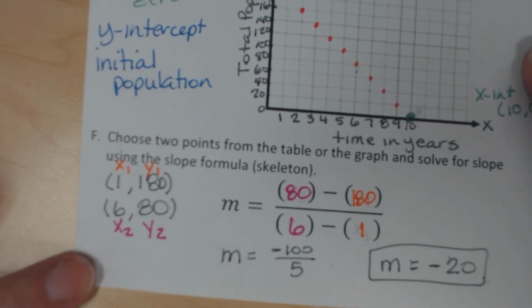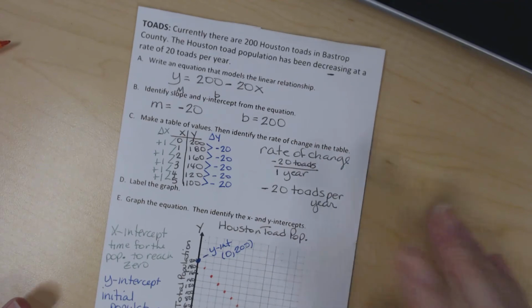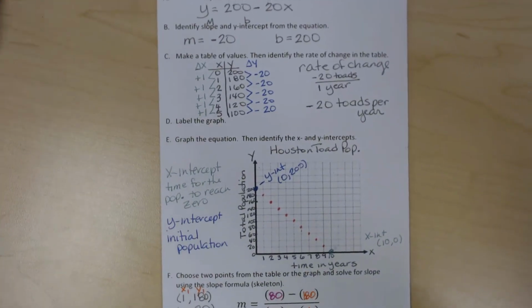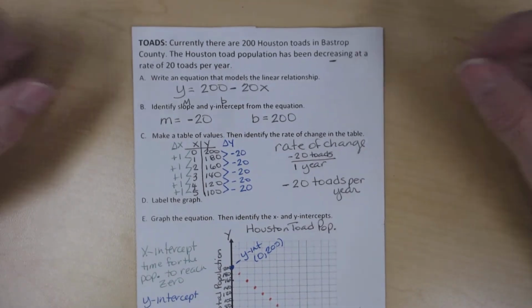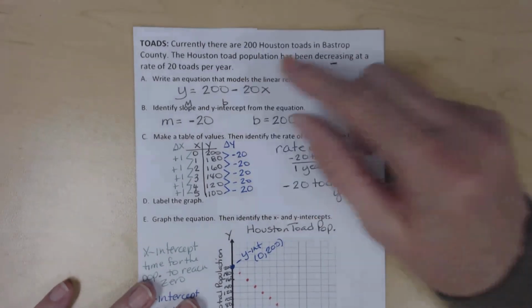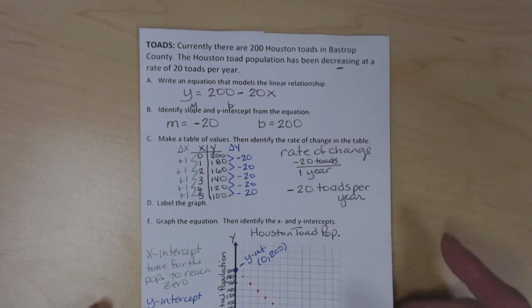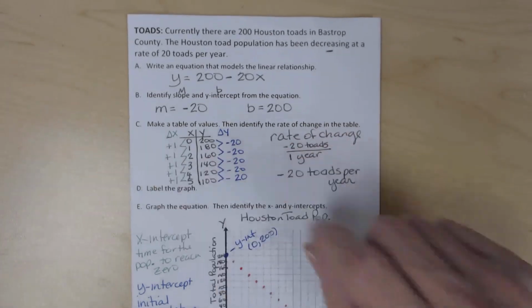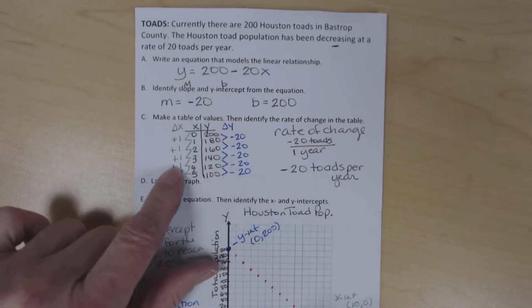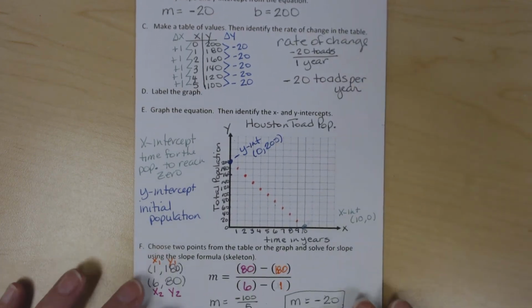So this is part 2, where we have the inside of the graph, or the inside with the graphing and writing the equation. Because it's decreasing, we need to subtract by whatever rate they told us. We use the calculator and y equals to help us fill out the table. We can then get our change in y over change in x to show that the rate of change was negative 20 toads per year.